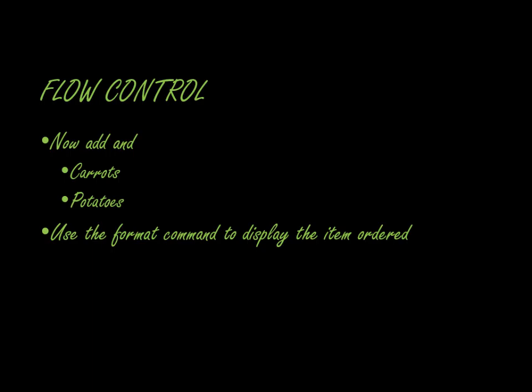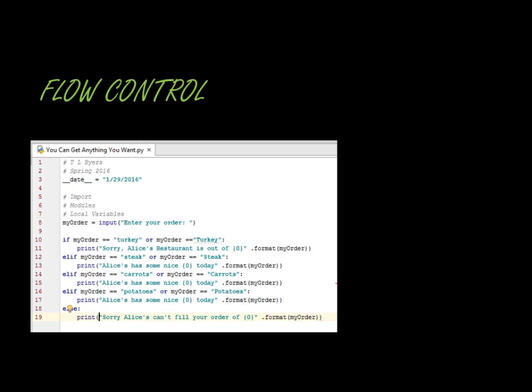Most of you have finished typing, so this is what we have. I may not have asked the question correctly, but we're using, again, the format command with our input value.